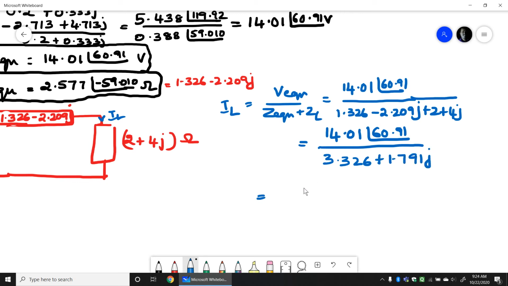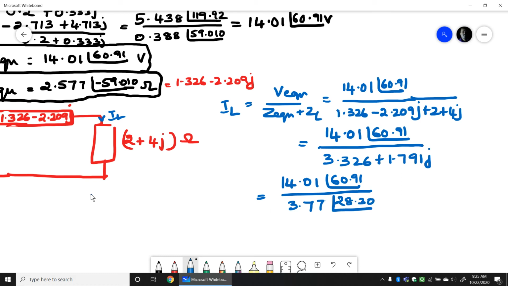So I'll convert this rectangular to polar again, which will give me 14.01 at an angle 60.91 divided by polar of 3.326 comma 1.791, which will give me 3.77 at an angle 28.30.